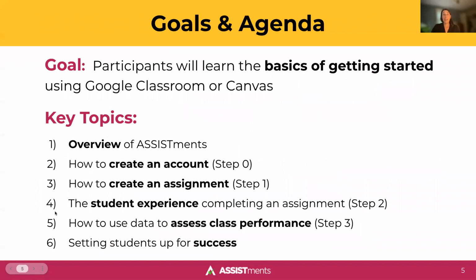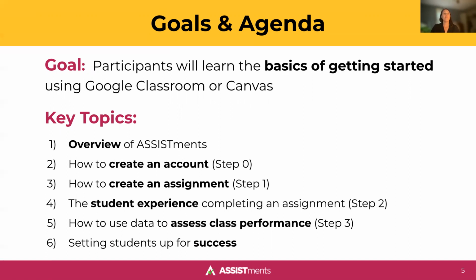The goal of today is that all of our participants and anyone watching this recording will learn the basics of getting started with Assistments using Google Classroom or Canvas, and of course, the new Open Up Resources high school curriculum. We'll start with just an overview of what Assistments is for those of you who are new to the platform. We'll start with creating an account if you don't have that set up yet.